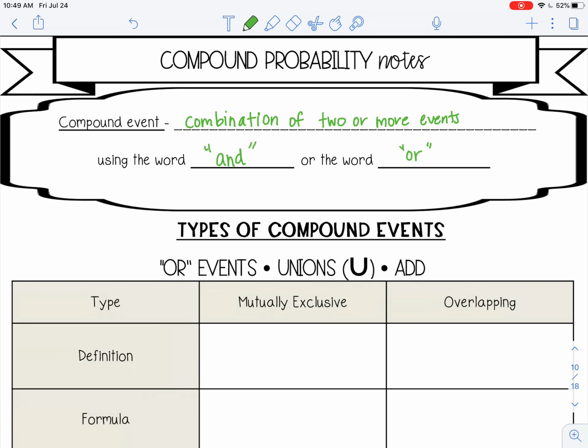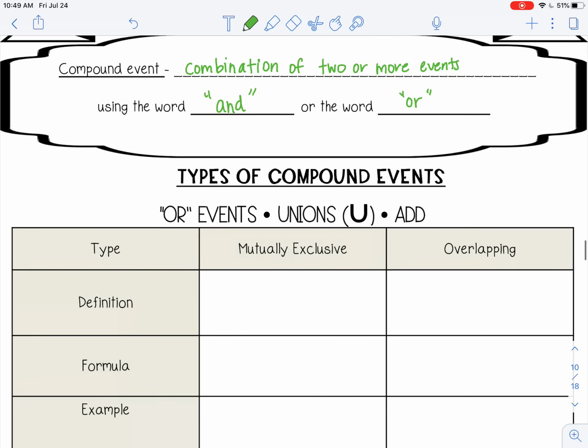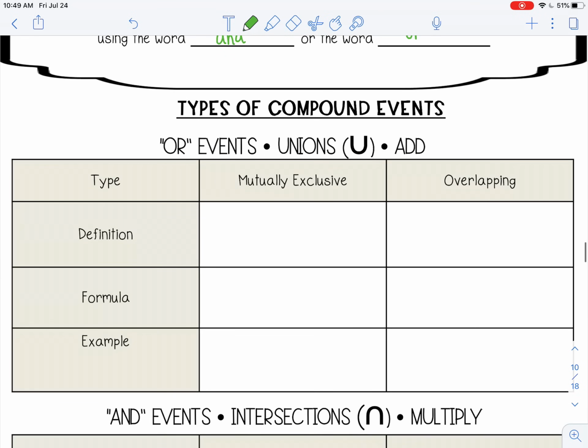All right, so let's talk about the different types of compound events. The first type of event is an OR event, which is going to have unions, and we're going to add in this particular case. So there are two different types of OR events or union events.